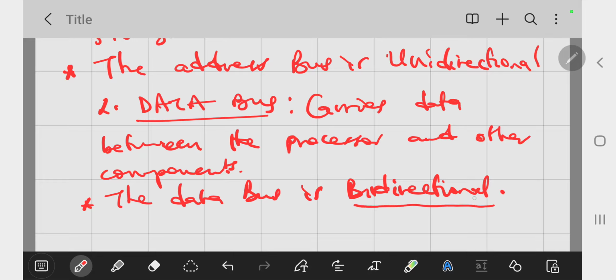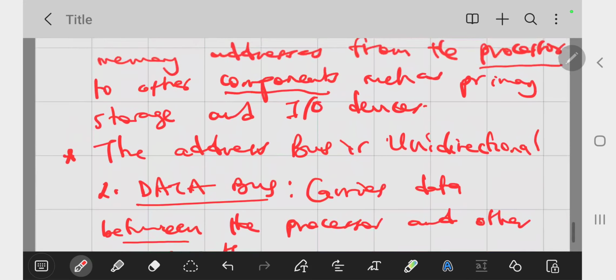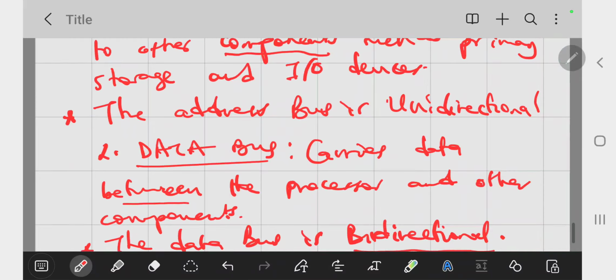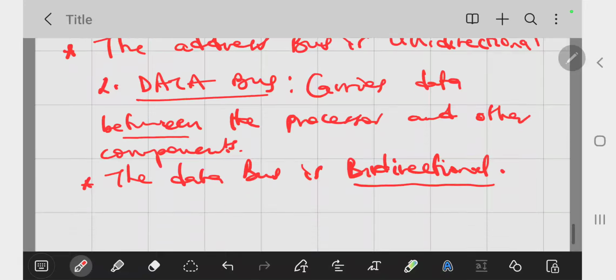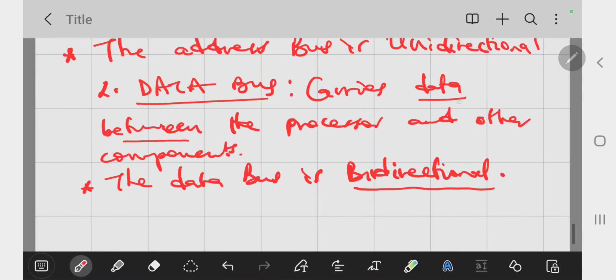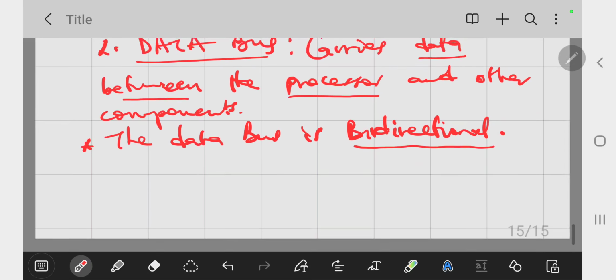That's the main difference between an address bus and a data bus. Remember, an address bus only carries from the CPU and takes to the component where it is required, and what it's carrying is the memory address coming from the processor. But the data bus can carry data in general between both the processor and any other component.